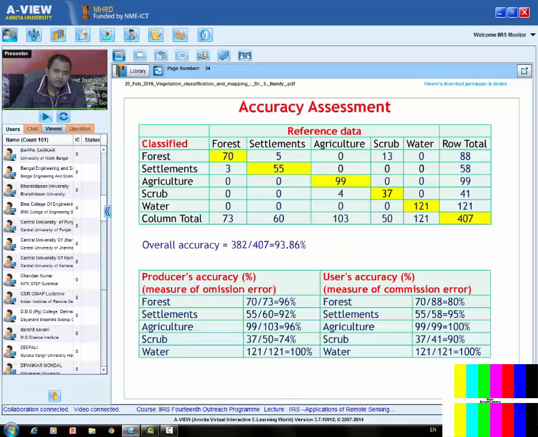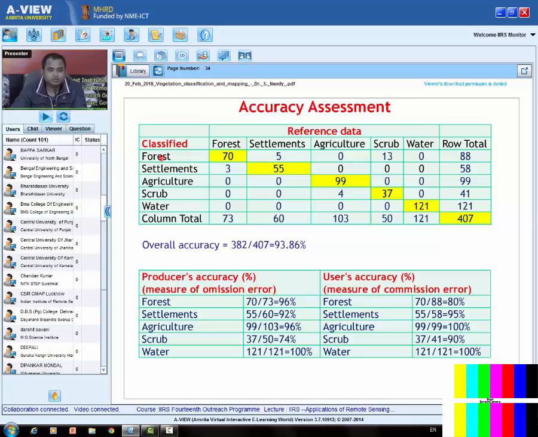Now, I take a small example. This is my classified map, with classified classes: forest, settlement, agriculture, scrub, water. This is the reference data, meaning from the field. I take my classified map to the field and, randomly, anywhere I'm standing, I take samples. Let's say I have taken 88 samples in forest areas.